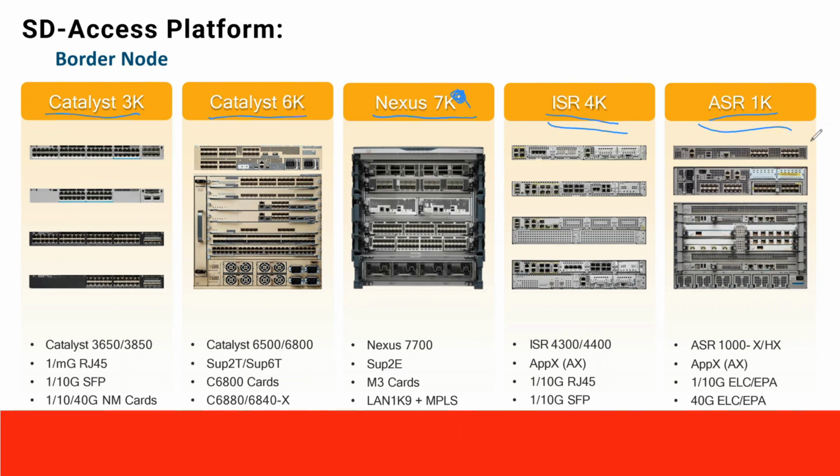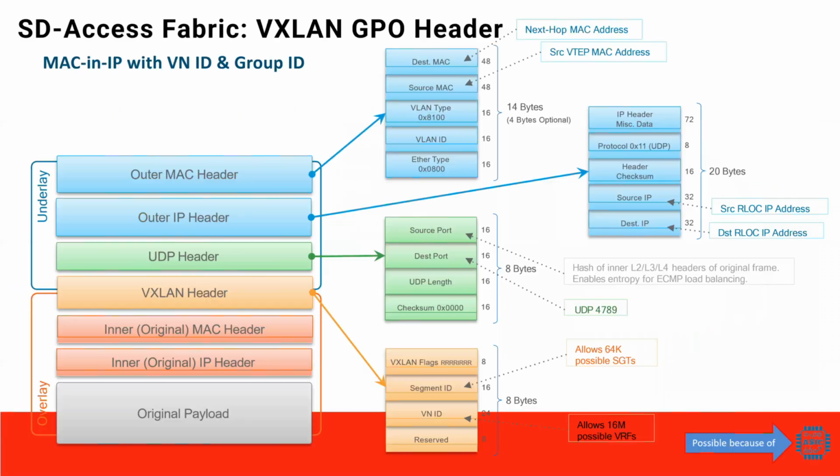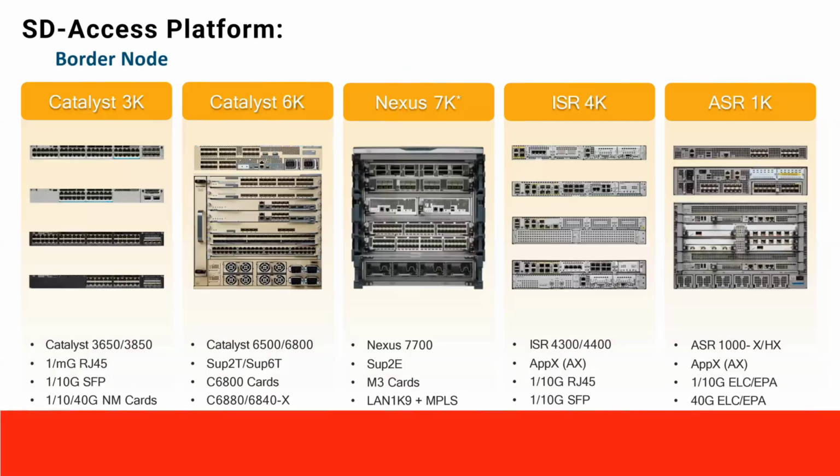If you go on to Cisco's website, you can read more about these specific devices in detail, which are the new ones and which are the old, existing ones. I'm sorry, I went directly to the last slide.